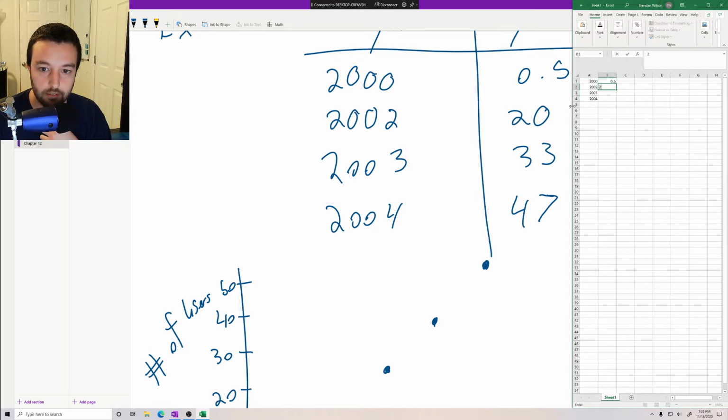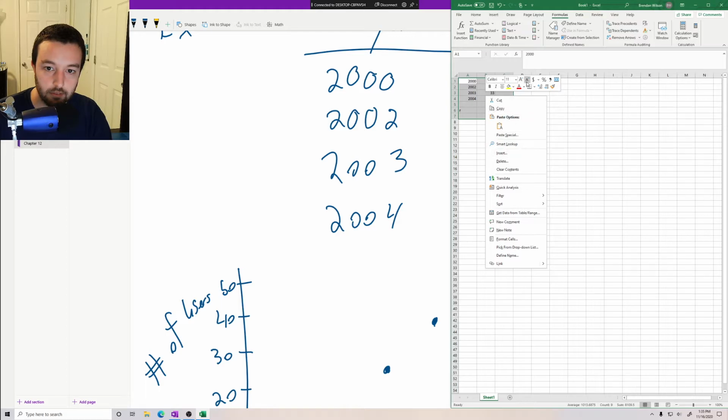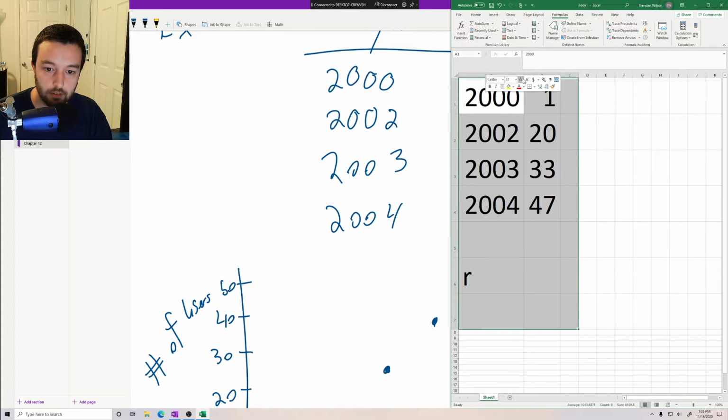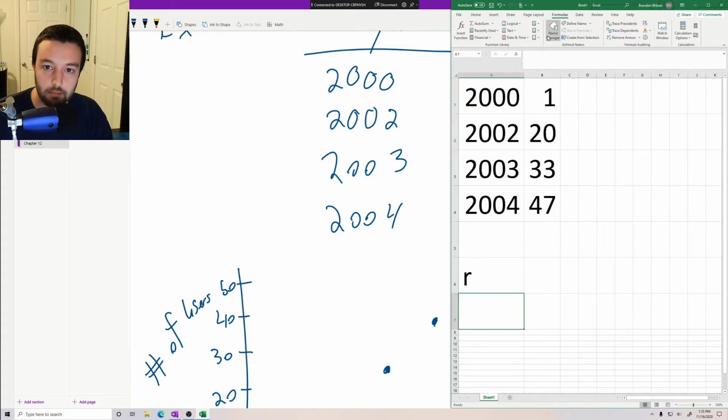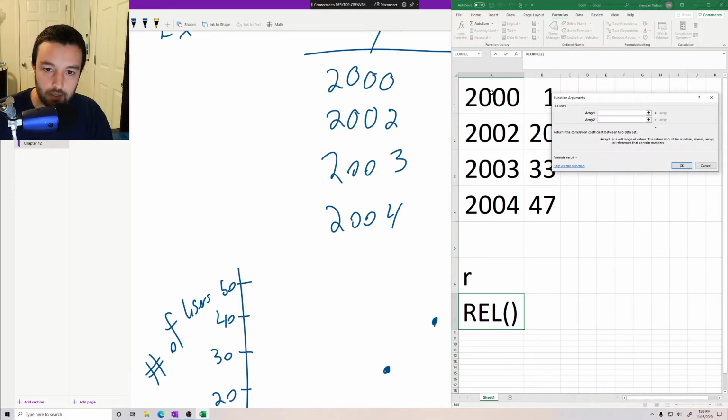So for R, we go to formulas, statistical, and it was the CORREL. Then we take our first array. It doesn't actually matter which one is which. And we get our R.